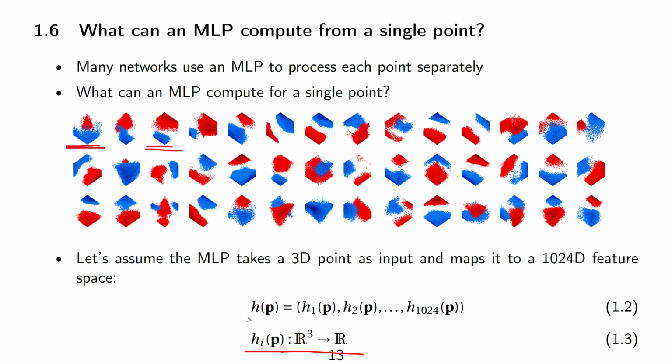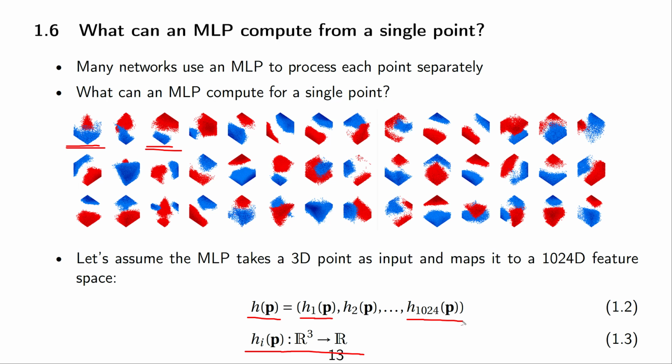So this function h down here, h of p, consists of 1024 such individual functions. And this would be the notation. And this is what the MLP can compute for you.